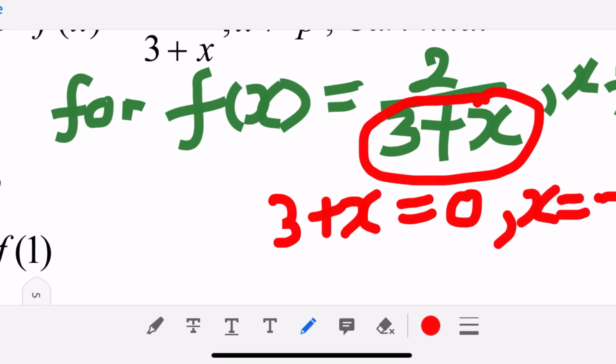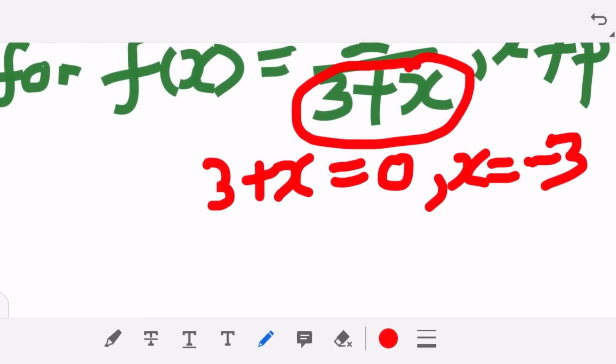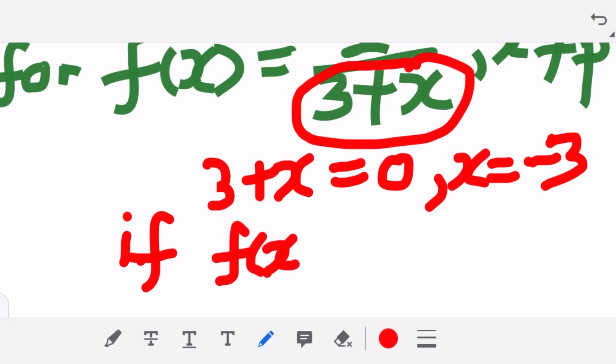If the denominator equals 0, then x will be equal to negative 3. So for any function, if the denominator has an x, we need to make sure we state the condition of x.